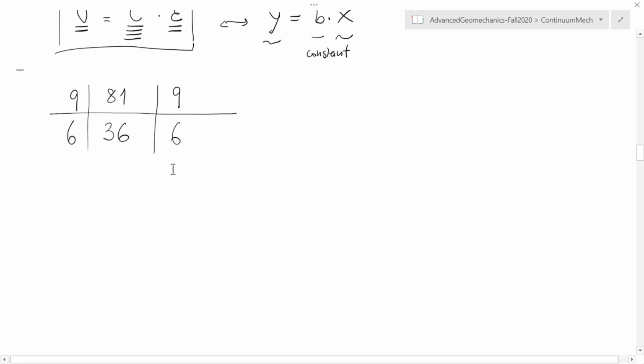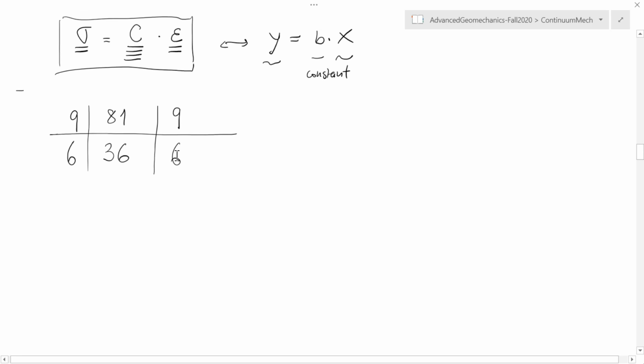All right, so let's see what that's going to look like. And in order to simplify writing this fourth order tensor, we're going to convert our matrices of the stress tensor and the strain tensor to vectors.